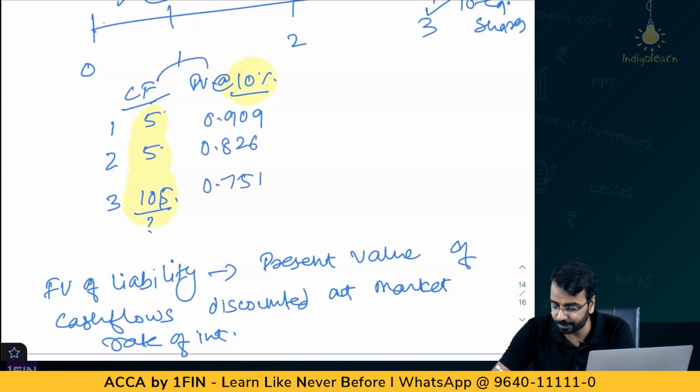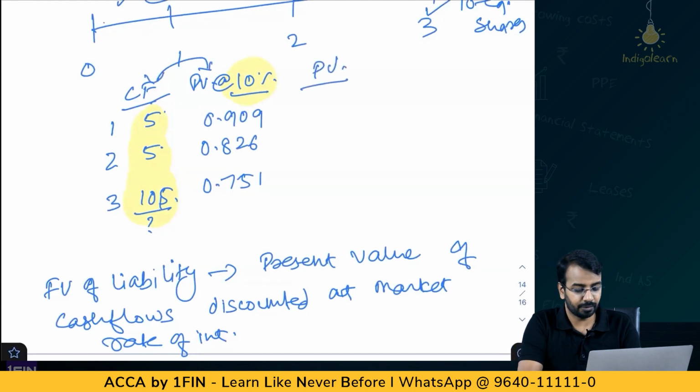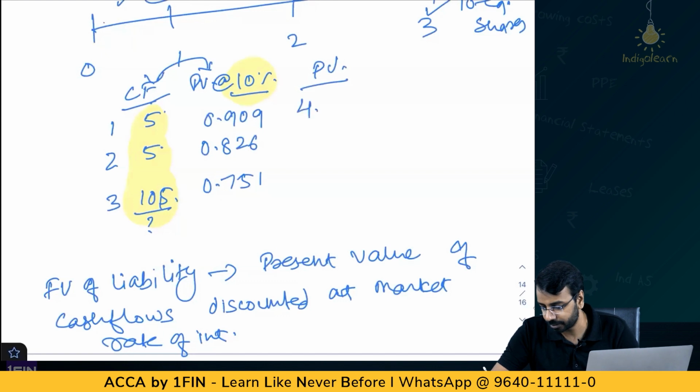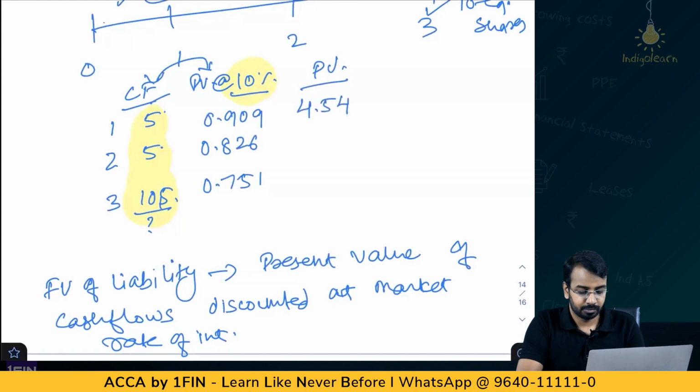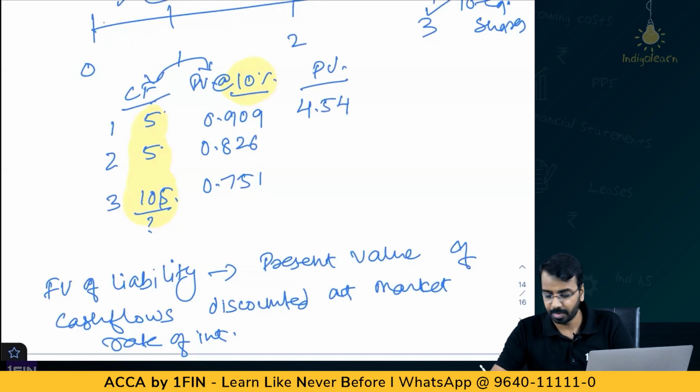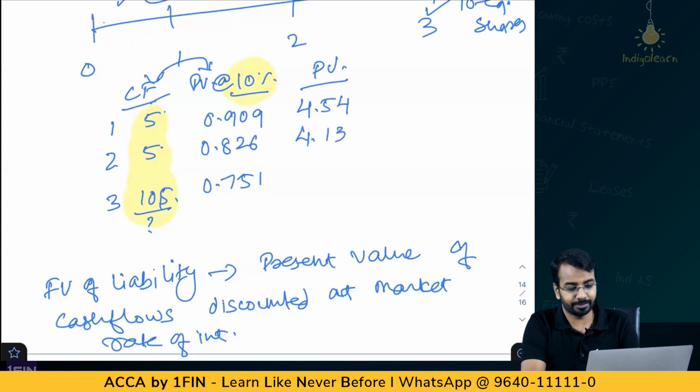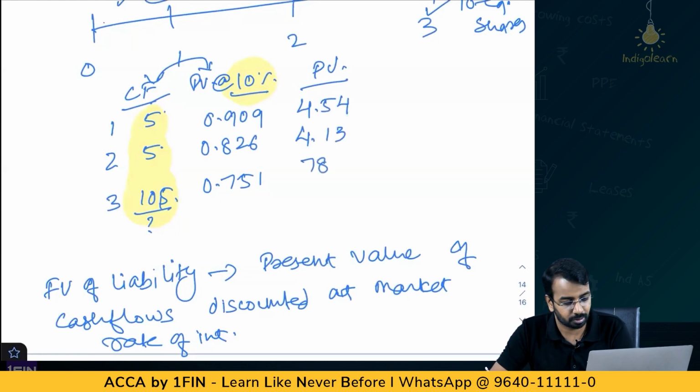So cash flow multiplied by present value factor: 5 multiplied by 0.909, 4.54. 5 multiplied by 0.826, you get 4.13. 105 multiplied by 0.751, you get 78.85.